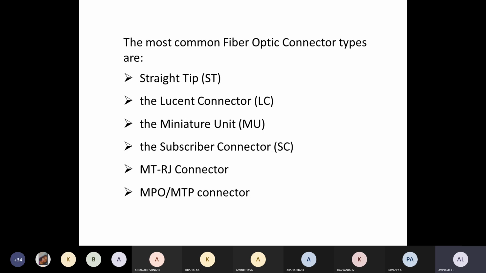What we have are the straight tip, the Lucent connector, the miniature unit, the subscriber connector, MTRJ connector, MPO/MTP connector. So these are the different types of connectors that we have. What are the most common types of optical fiber connectors we have?